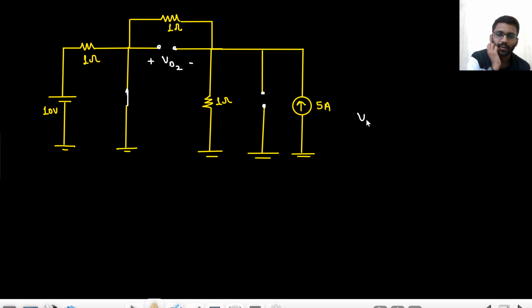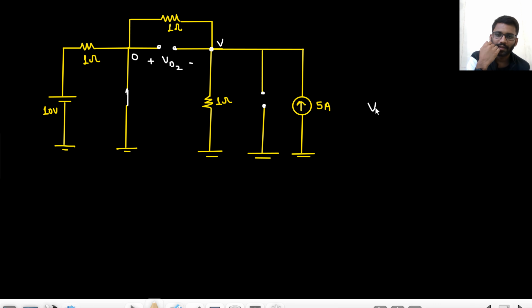What will be my VD2 now? Because of 10 volt, how much? 10 by 3. Sorry, VD2. Here I am having 0 voltage drop. I just need to find the potential of this point, right? So here what is my V?